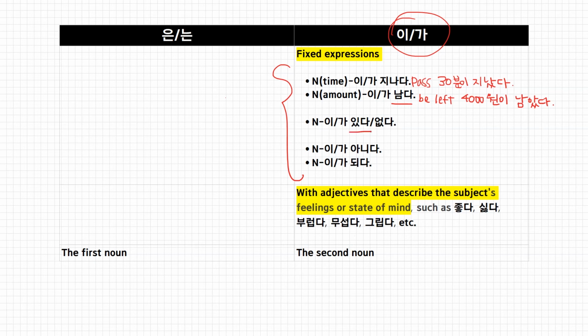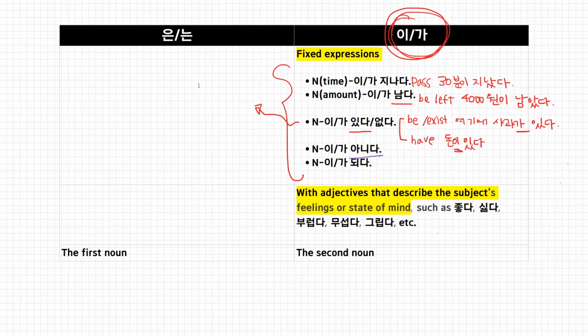And here 있다 has two meanings. To be or to exist. 여기에 사과가 있다. There's an apple. The second meaning is to have. 돈이 있다. I have some money.